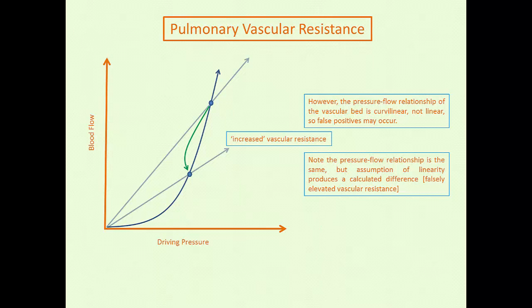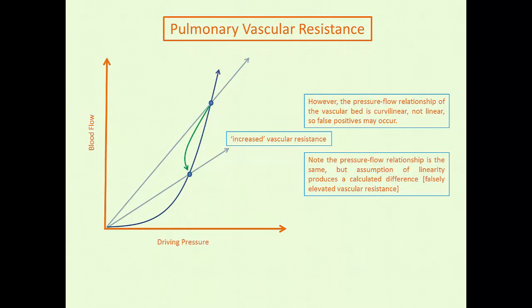So the key thing is that some people argue that calculating a pulmonary vascular resistance is meaningless and useless. And in fact, there are articles written by very smart people, much smarter than me, who argue just that. And it's based on this physiology. And this is also why when you're doing vasodilator challenges in pulmonary hypertension patients, you have to take into consideration not just a change in the pulmonary artery pressure and your mean pulmonary artery pressure, but you have to make sure that blood flow does not decrease.